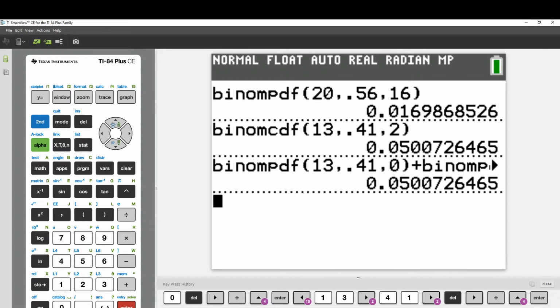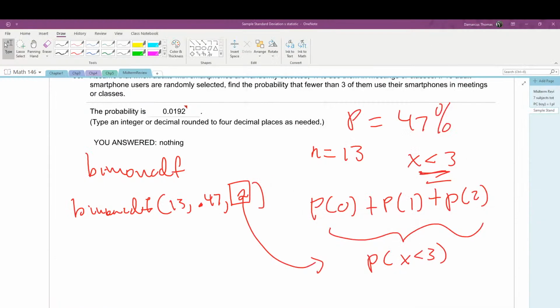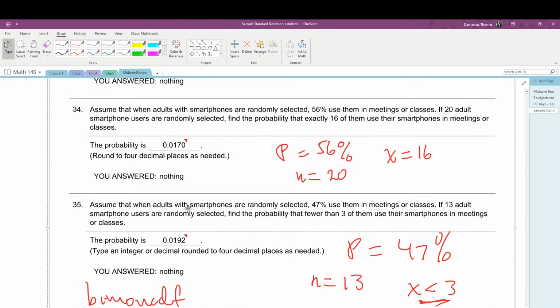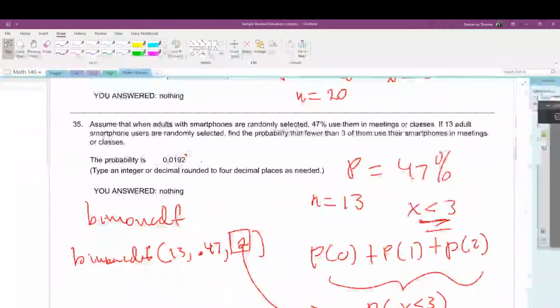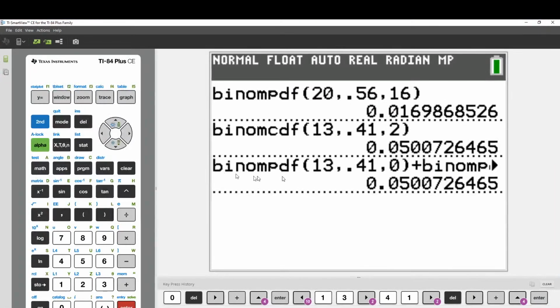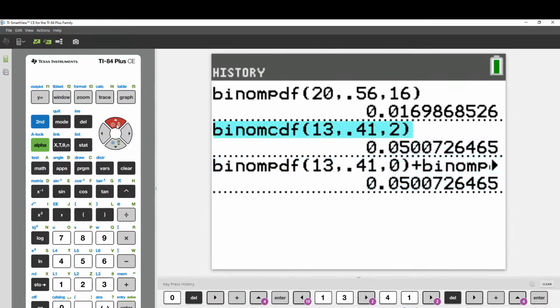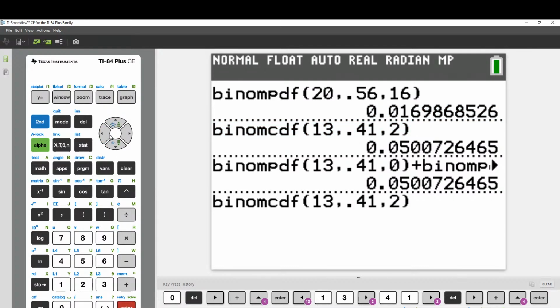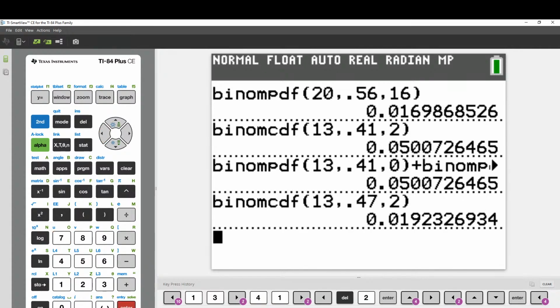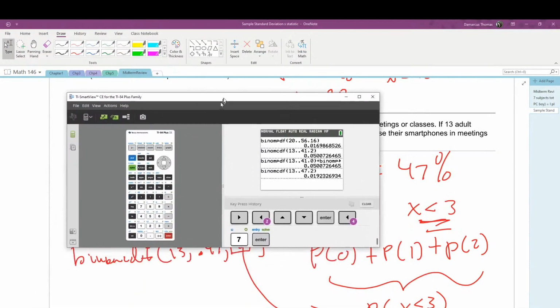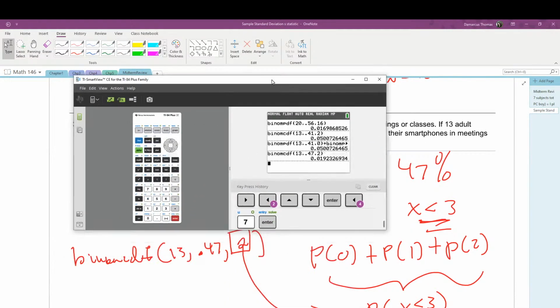I would get the same thing. And we can check and see what they did as well. Well, okay, they had a probability of 47%. And I put 41. 0.0192. And so it matches what we got there as well.